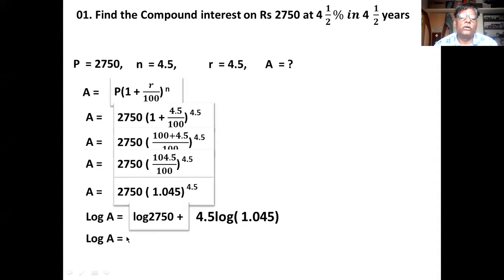Then log A is equal to 3.4393. How did I calculate this? The characteristic of 2,750: here 4 digits are there. For a 4-digit number, the characteristic is 4 minus 1, that is 3.